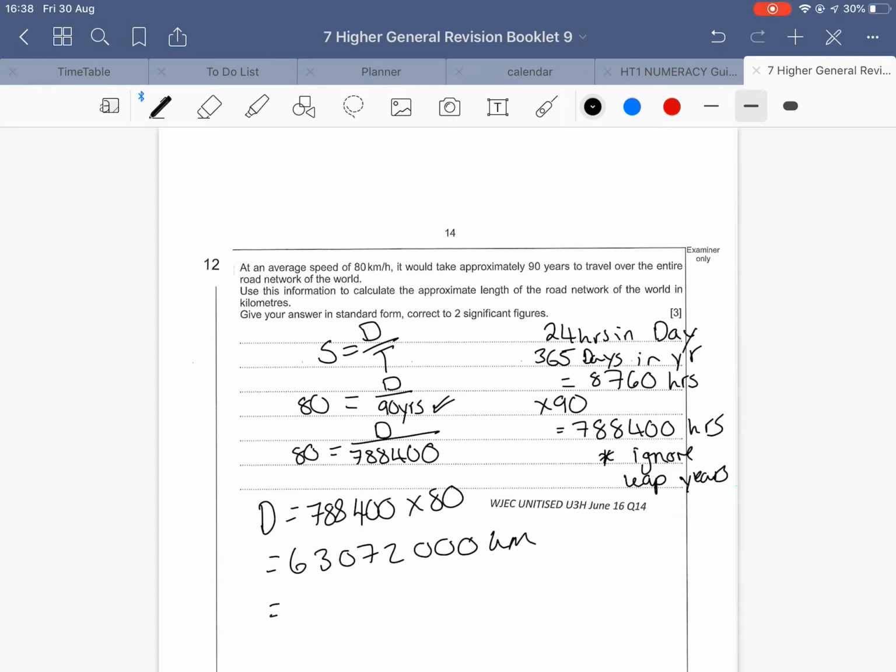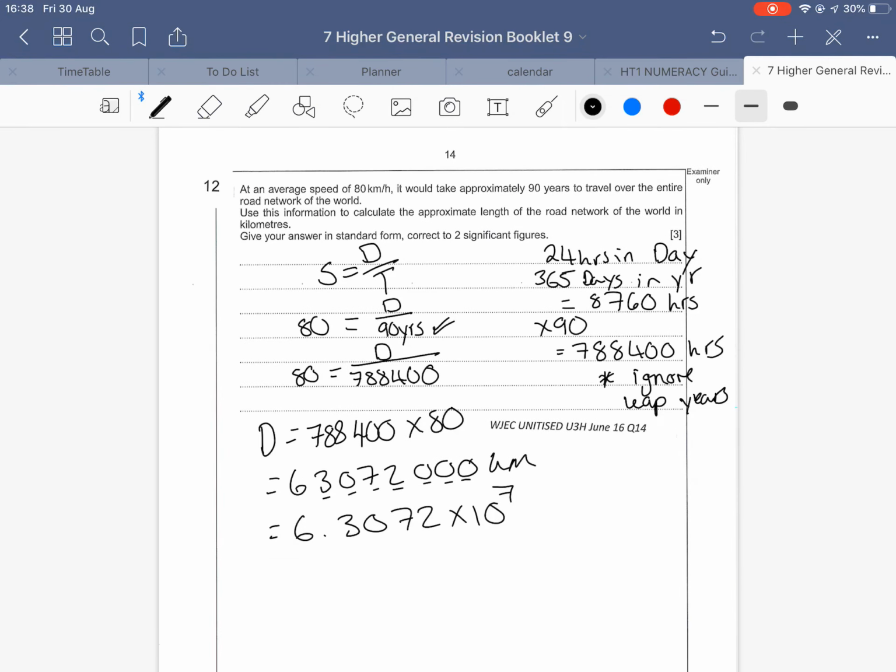Putting that into standard form, 6.3072 times 10 to the power 1, 2, 3, 4, 5, 6, 7. But they want it to two significant figures, so that's 6.3 times 10 to the power 7. If you used weeks, this is where you'd get your same answer.